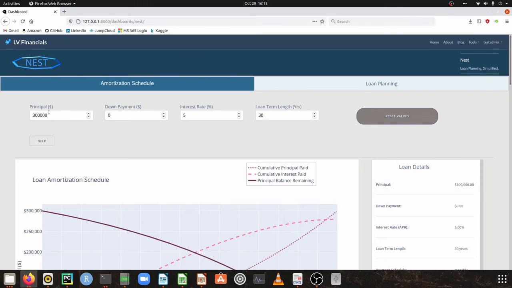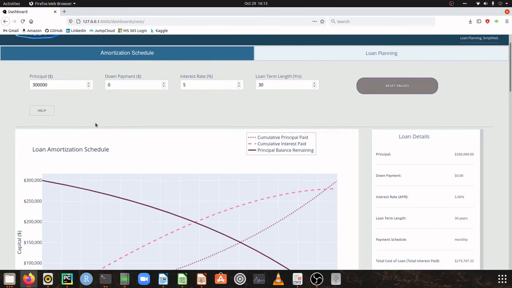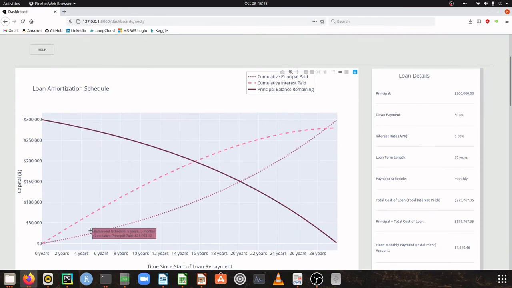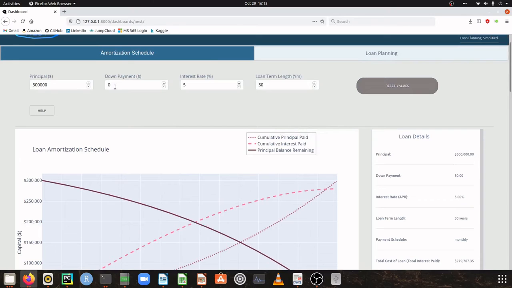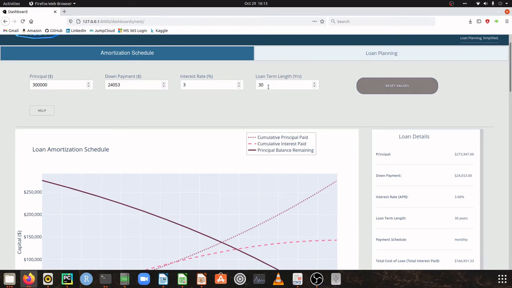You can enter in the new principal here after subtracting your current cumulative principal paid yourself, or you can just find that number of cumulative principal paid, $24,053, and enter that as a down payment, because the down payment is essentially just going to be subtracted from the principal. Now we'll update the interest rate to 3%, and we'll keep the loan term length at 30.